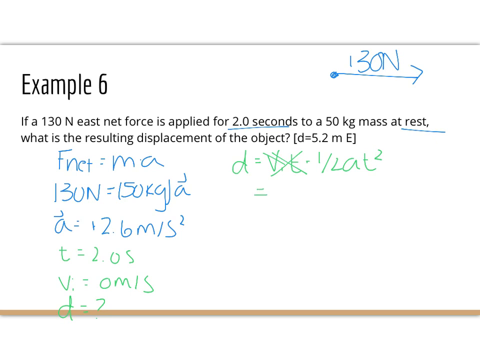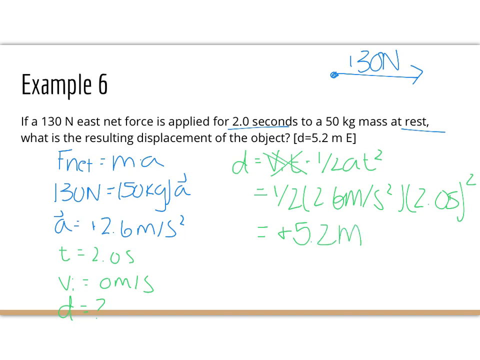So d equals 1/2 times 2.6 meters per second squared times our time, 2 seconds, and square that. We should end up with positive 5.2 meters. Therefore, we've gone 5.2 meters east. Don't forget that this is displacement, not distance. It needed our direction.